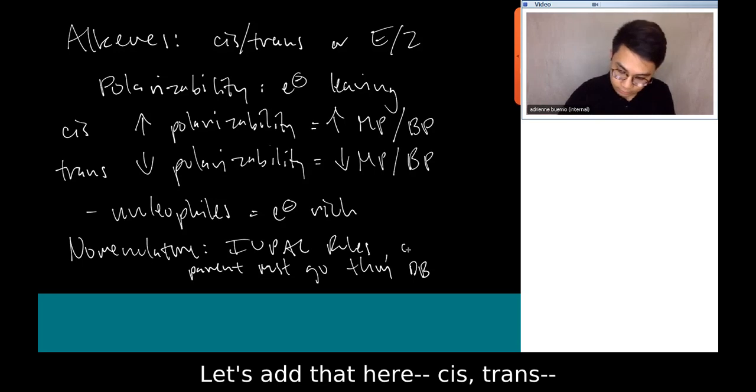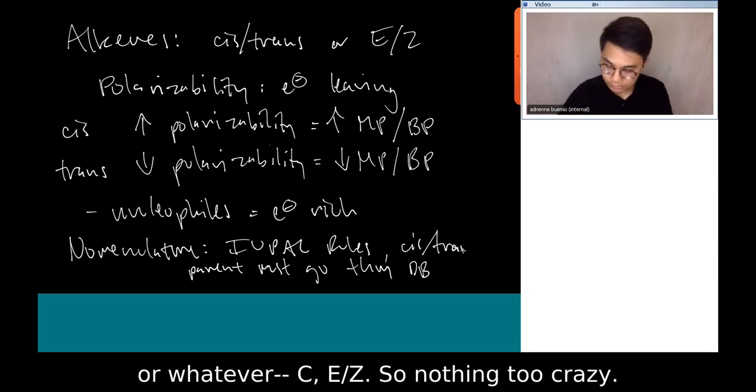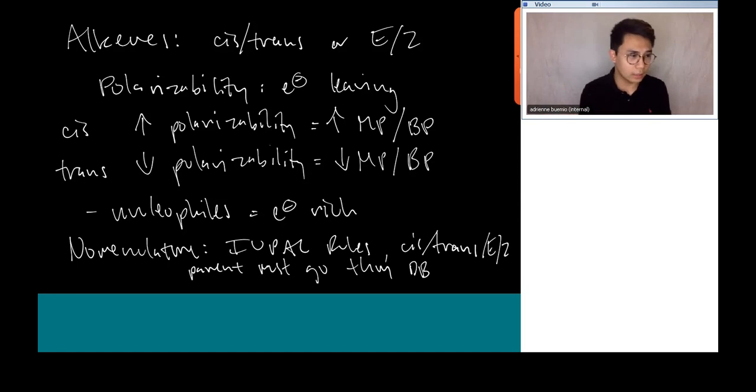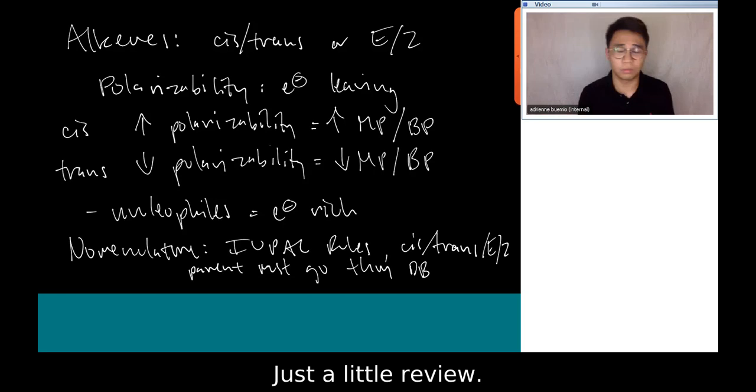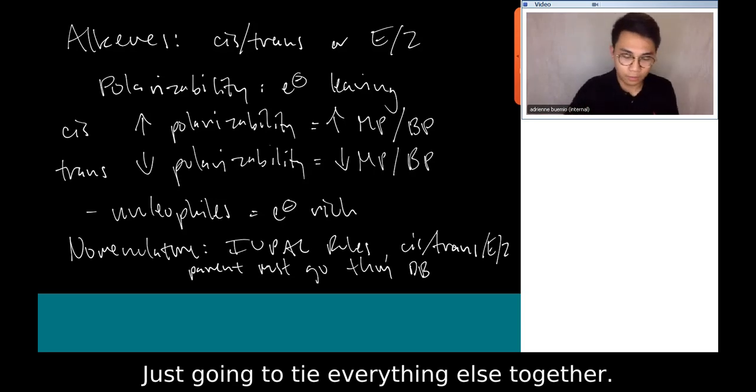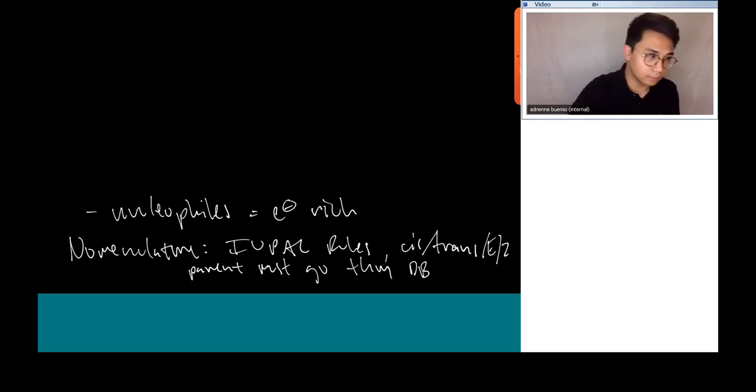Let's add that here. Cis, trans, or whatever, E and Z. Easy, right? Okay, so nothing too crazy. We already know all these, just a little review, right? Just to kind of tie everything else together. So let's do some examples.